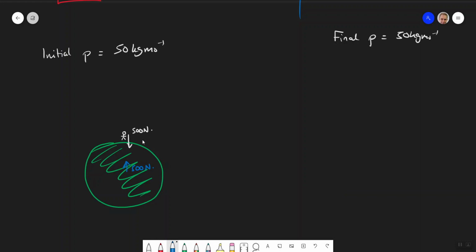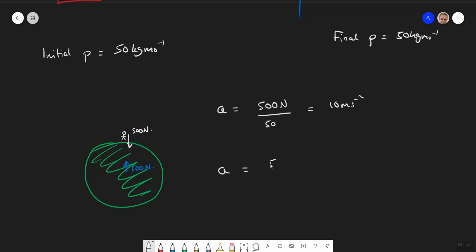But in this case, the masses aren't equal, okay? And so the outcome is quite different. A 500 newton force, and I'm going to take g as being 10, the acceleration due to a 500 newton force acting on a 50 kilogram person is 10 meters per second squared. But the mass of the Earth is much, much, much bigger.